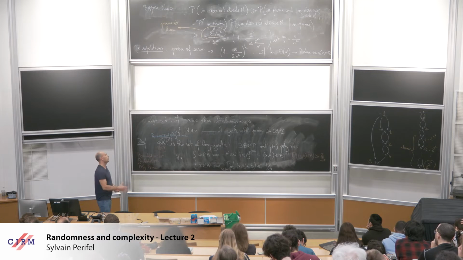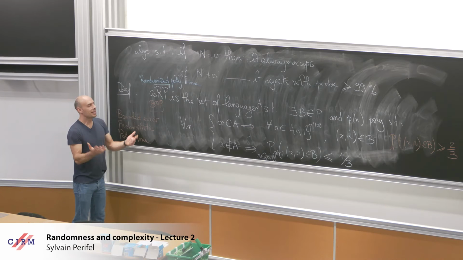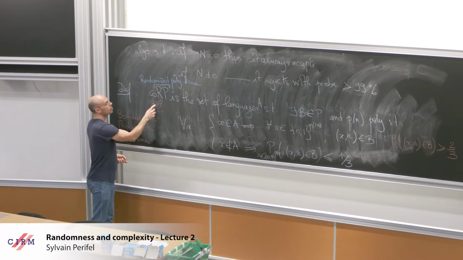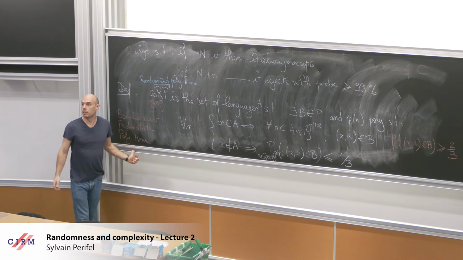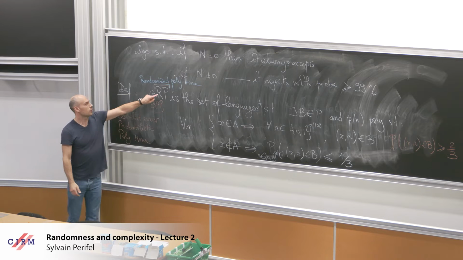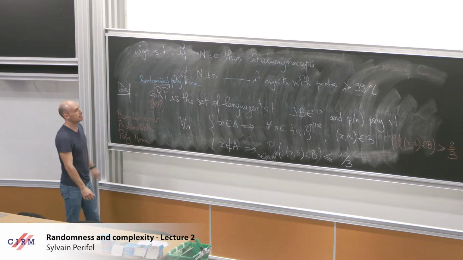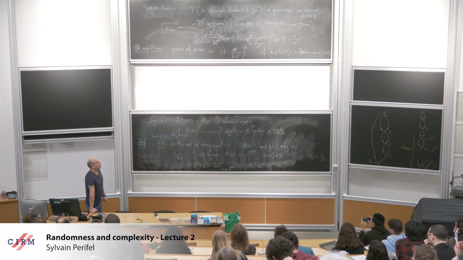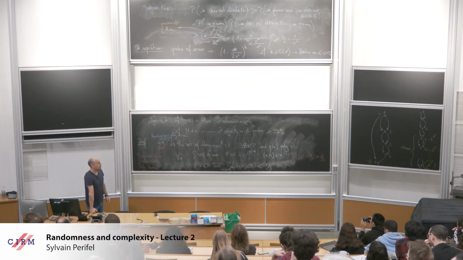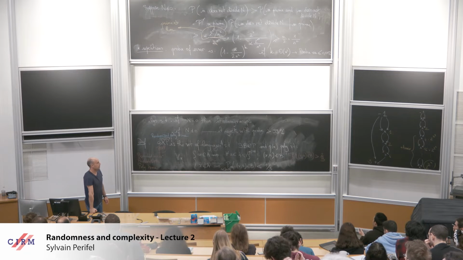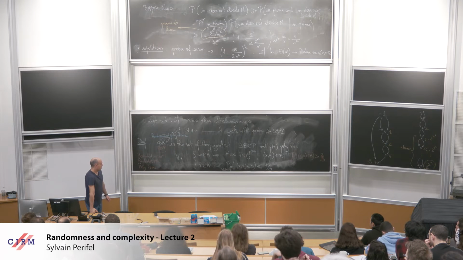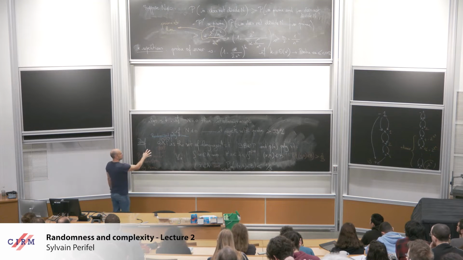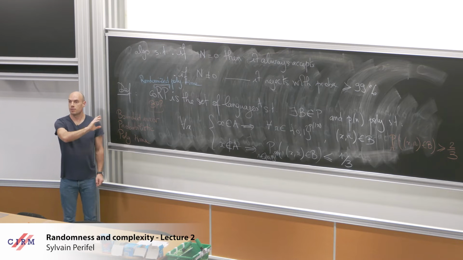So that's why I wanted to emphasize co-RP, because there is this natural problem that is very important, very central in algorithmic complexity, as I will try to explain now. Okay, is it clear for the classes here of probabilistic polynomial time algorithms?